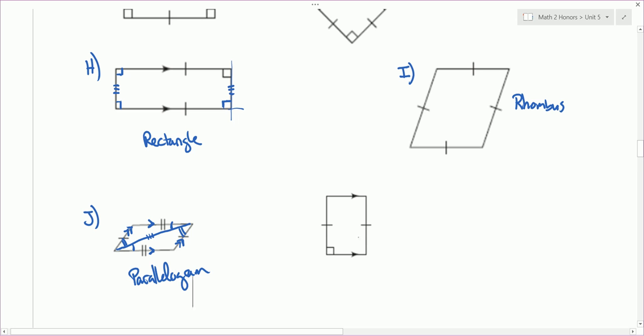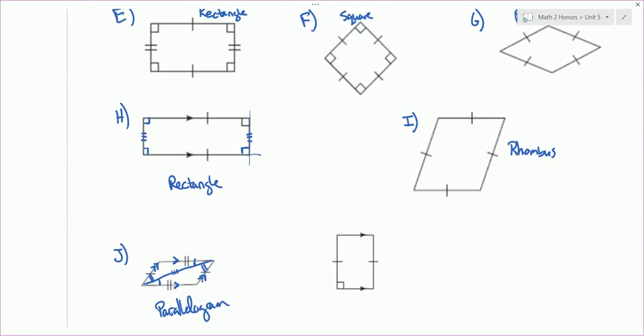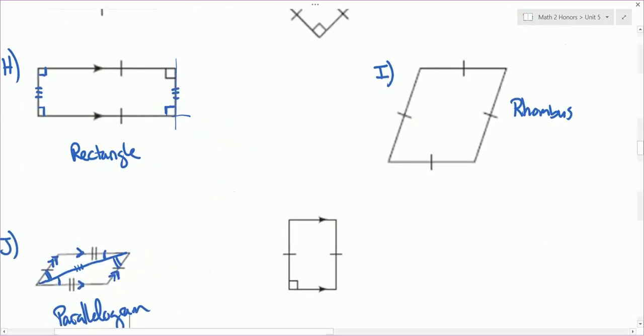Next one, we have top and bottom parallel. So this is also a right angle because same side interior are supplementary. If I draw a diagonal, cut it into two triangles, we have alternate interior angles congruent here.